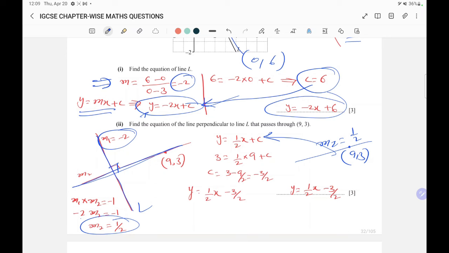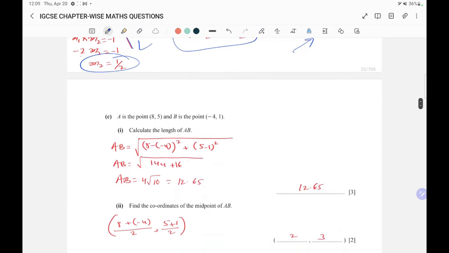Now substitute 9 and 3. y equals 3, x equals 9. So 3 equals 9 over 2 plus c. So just take this side. 3 minus 9 over 2 equals c. So c is -3 over 2. Finally, y equals half x plus c, c is -3 over 2. So this will be our answer: y equals 1 over 2x minus 3 over 2.